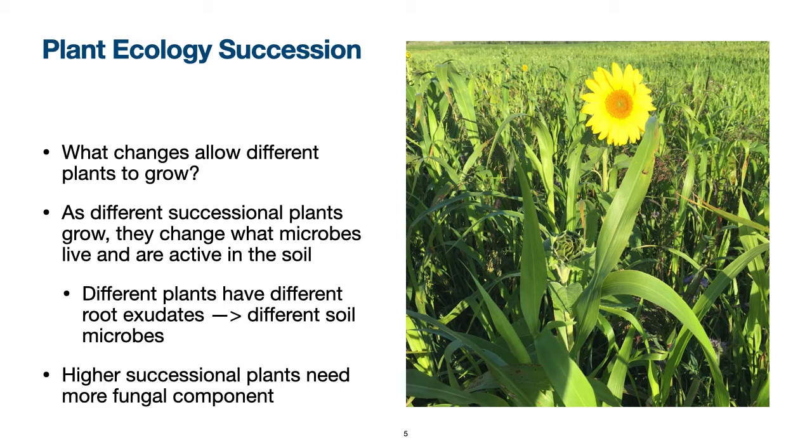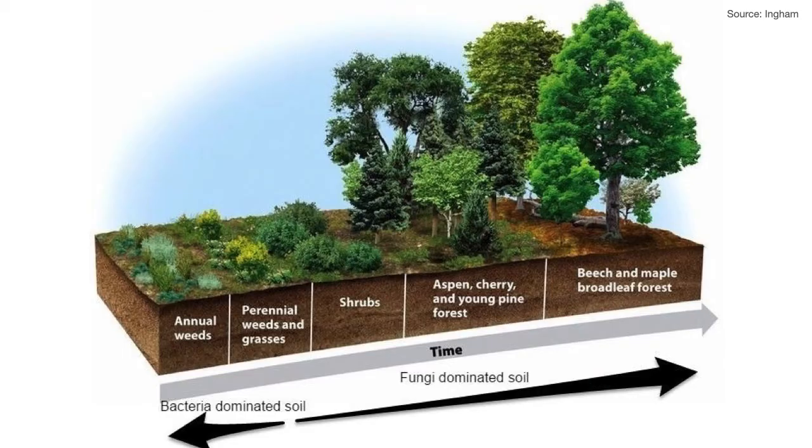As we move from left to right in that chart, what we'll see is as we have these higher successional plants, they'll need more and more fungal component in the soils to allow them to grow. So when we see this slide again, now we have the annual weeds, and underneath it, you'll see that it says that they're bacterially dominated soils. On the right hand side, when we're dealing with a mature forest, those soils are going to be fungal dominated soils.